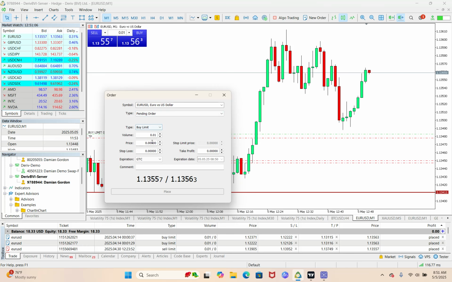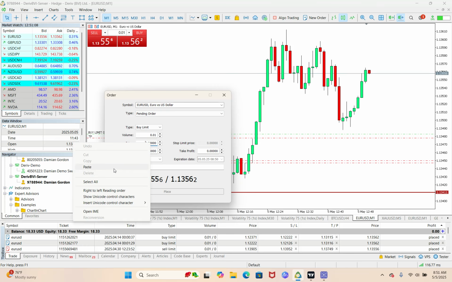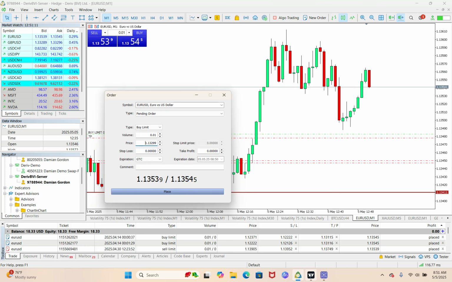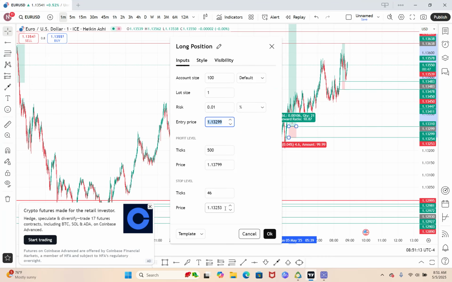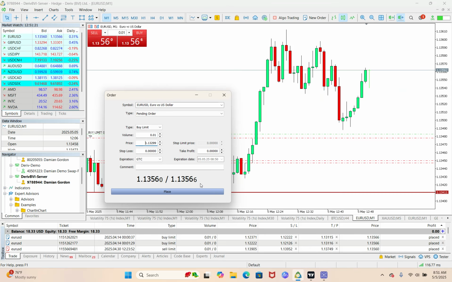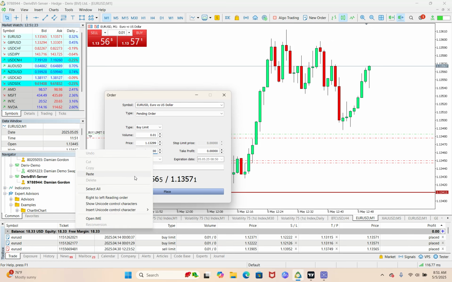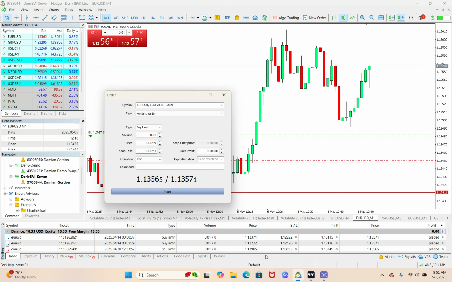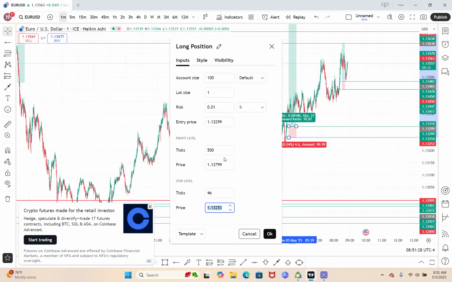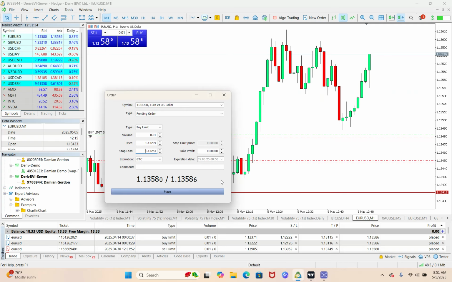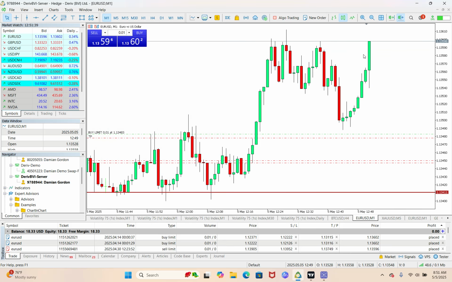Pending order, buy limit, paste, stop loss, copy, excuse me, paste, take profit, paste. Look at that big move. So we missed this trade, our order wasn't filled.